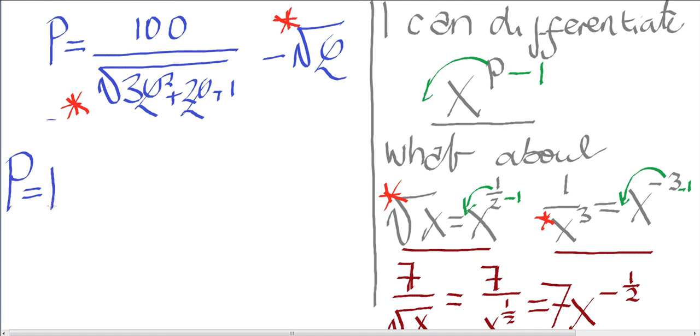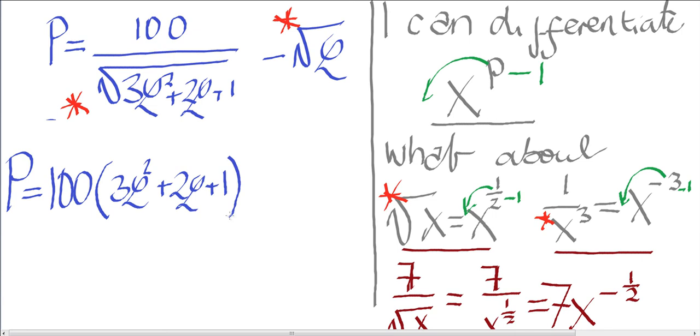Again, a number on the top doesn't matter, keep it at the side. I'm going to be left with that big mess there, the 3q squared plus 2q plus 1. On the bottom it was up to the half, and on the top it's going to be up to the minus a half. Okay, and this isn't so bad now. This is just going to change the minus q up to the half. Okay, now I'm nearly ready to differentiate.